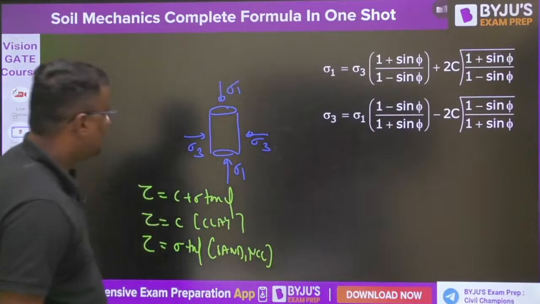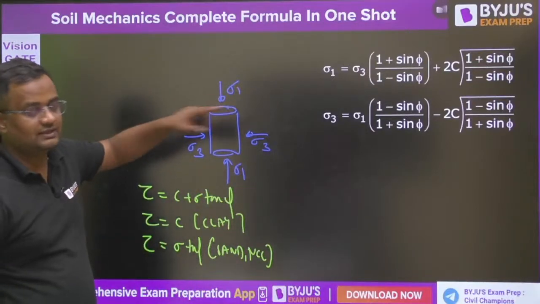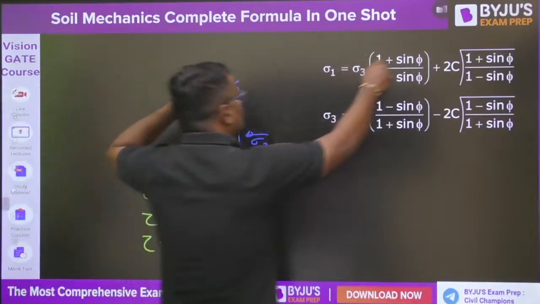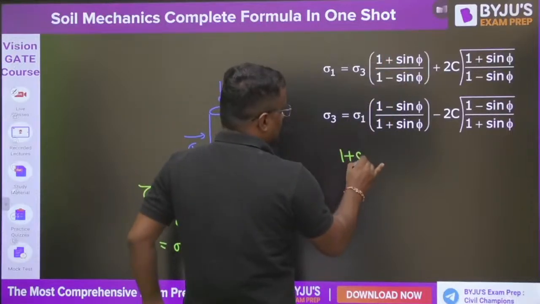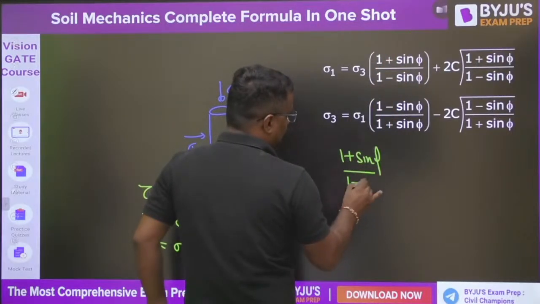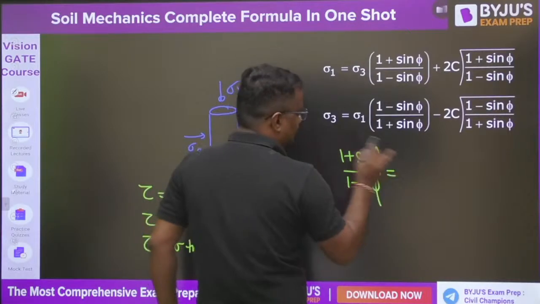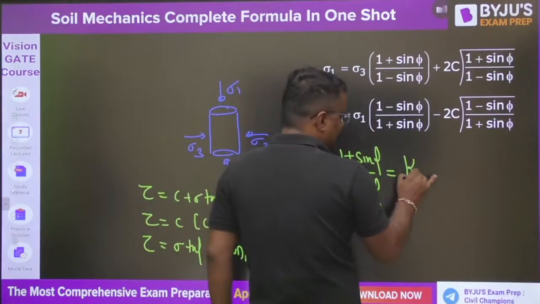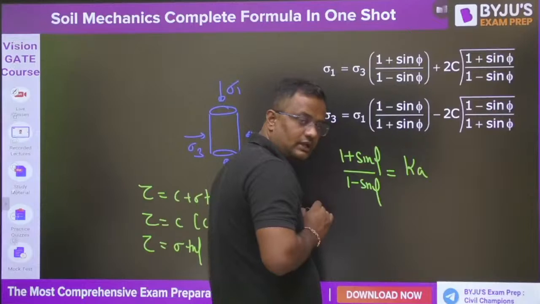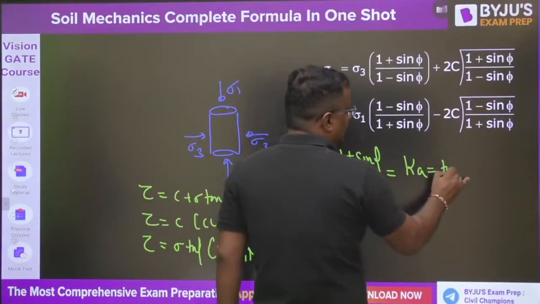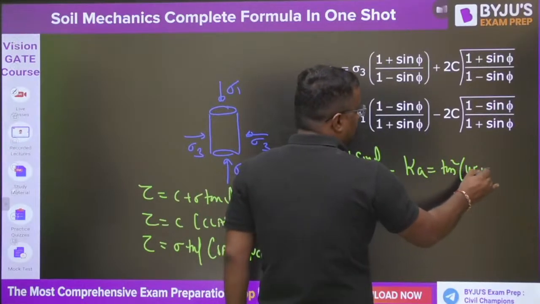Now this is the relation between sigma 1 and sigma 3. Let me tell you, this term 1 plus sin phi over 1 minus sin phi is also called Ka, and this is also equal to tan square of 45 plus phi by 2.